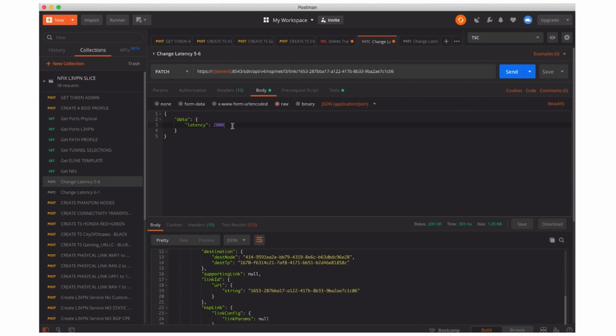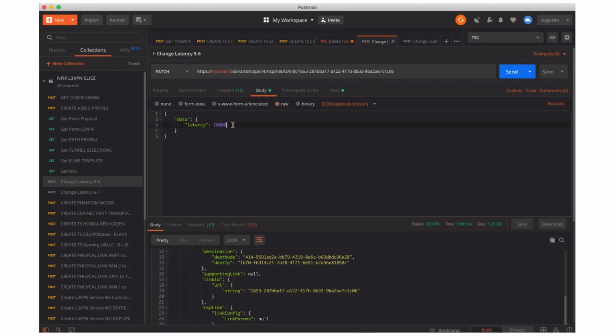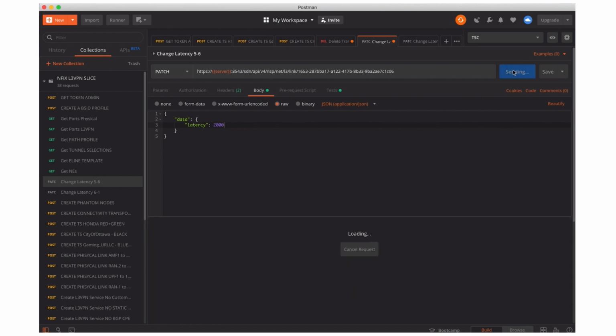When we inject the latency of 20 milliseconds for IGP link, we will see the latency is changed, and we will see momentarily that reroute happens in the network. In other words, NSP intelligently monitors transfer slices, and we do the reroute.